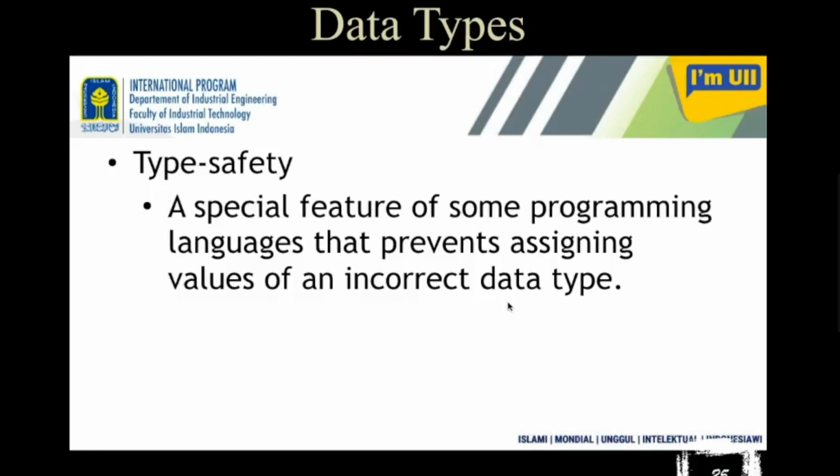Like if you want to store a floating point value, 4.5, into an integer variable, where you can store only an integer like 4, then there will be information loss. The new variable contains only 4, not 4.5.